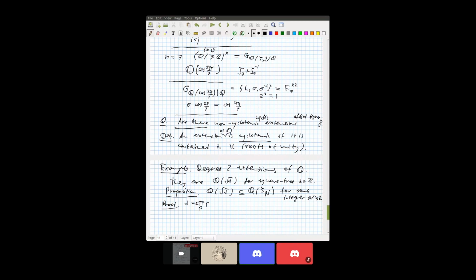We may assume, though it's not important here, that it is square free, so it is a product of certain primes. It is sufficient to treat the case of one prime.